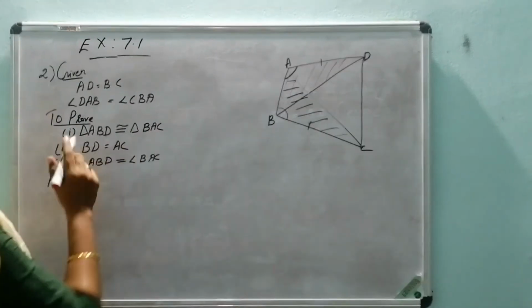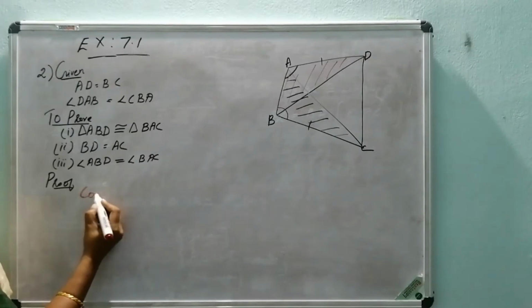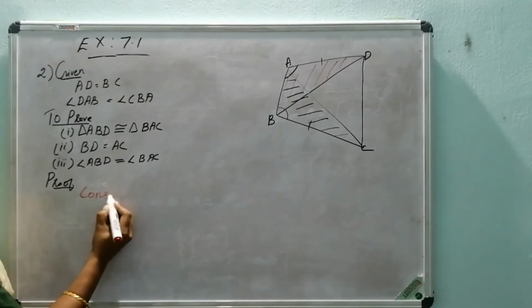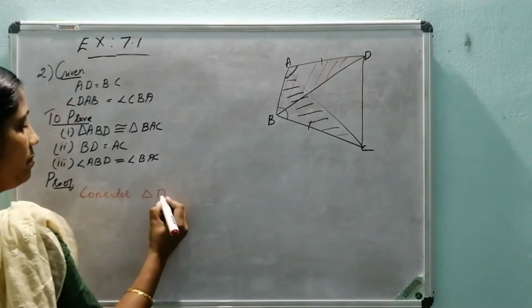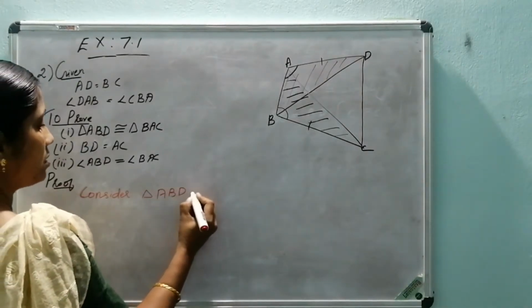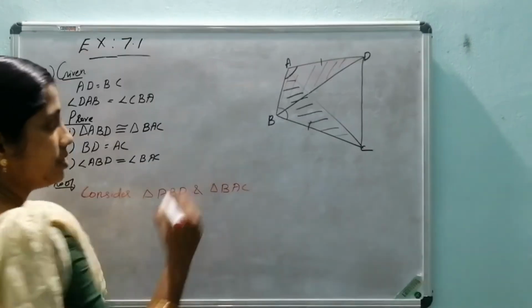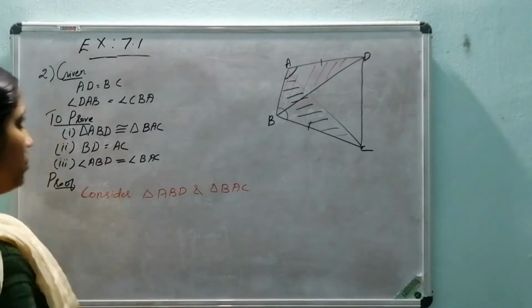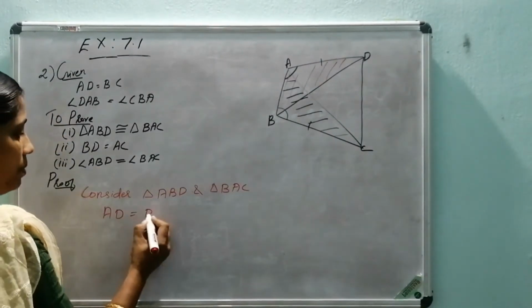First you have to consider the two triangles. Which triangles do we have to consider? Consider triangle ABD and triangle BAC.